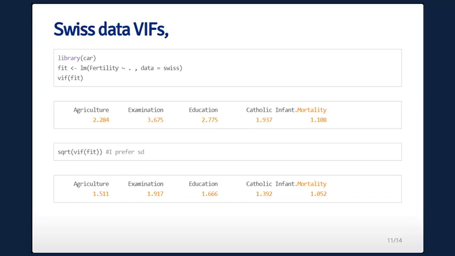You can see some of them, things like education and examination, are very high, because they're very correlated with each other. By the way, I like square rooting the variance inflation factors, to get standard deviation inflation factors instead. You can use these to see, for a given covariate, how much variance it appears to be adding relative to a model where all the covariates had been orthogonal.